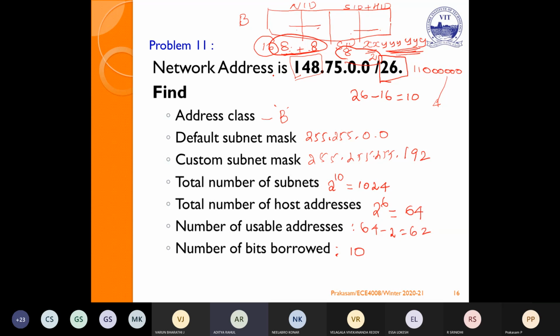No. The custom subnet mask won't show the number of subnets. It is the subnet mask bits. It won't say the number of subnets. Okay, sir.